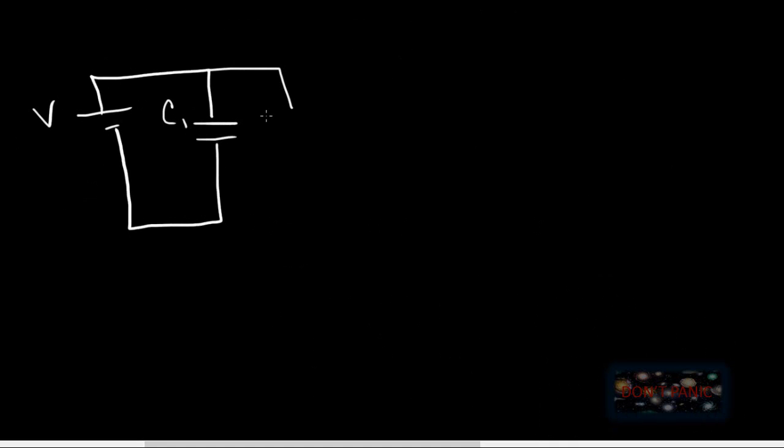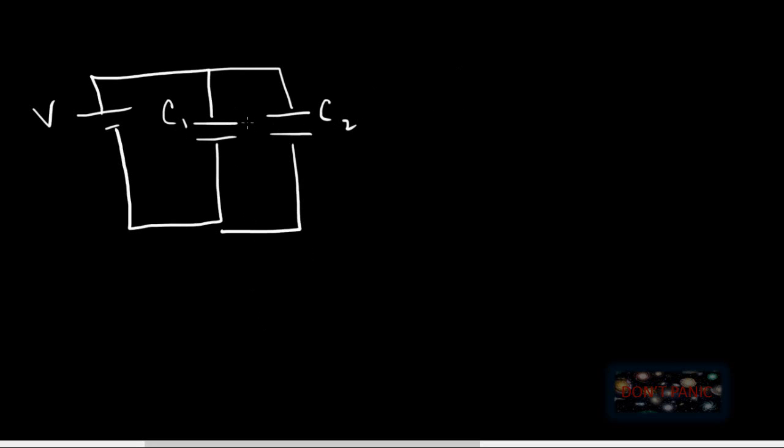Okay, now let's look at capacitors in parallel. Suppose you have a capacitor here and another capacitor connected in parallel. And same thing, you have to find the voltage across C1 and C2 and the charge on each capacitor. So again we have to use circuit theory here.